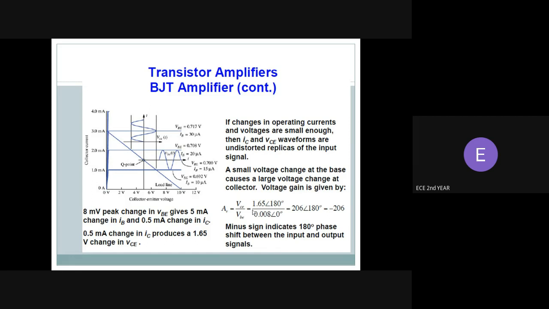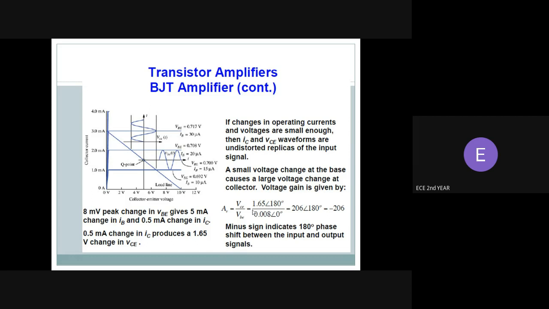Here you can see the DC load line and AC input signal. You can see the voltages going from 0 to 12, easily segregated as 2, 4, 6, 8, 10.